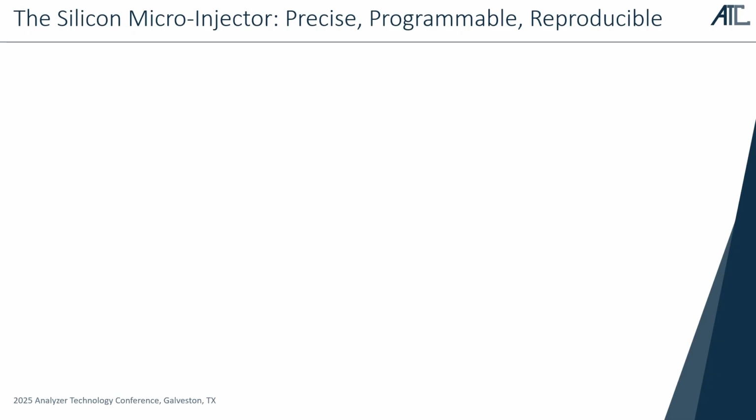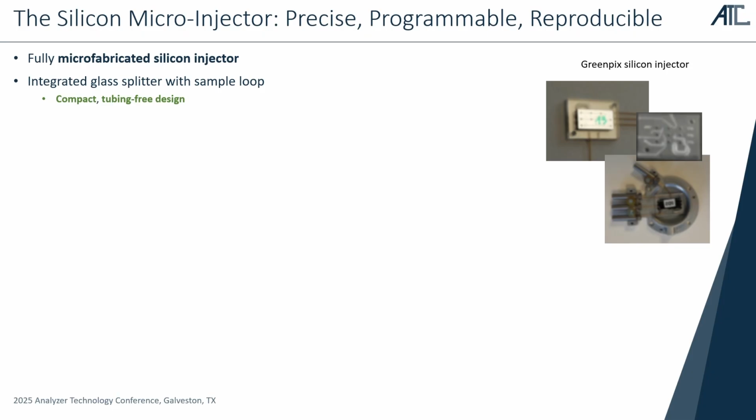Injection is extremely important in GC because you need to deliver a repeatable and precise amount of sample into your column. In GreenPix, we have a fully microfabricated silicon injector that's mounted on top of a glass splitter and a manifold that's free of any tubing. It's all internal tubing, and this is a fully tubing-free design.